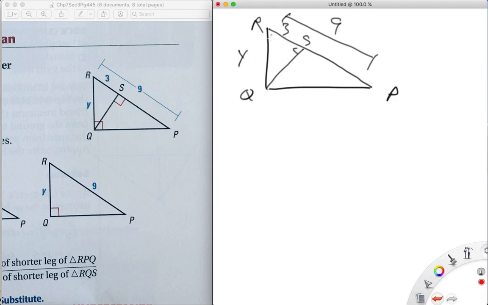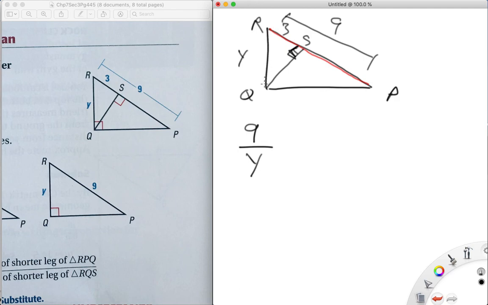The altitude itself. If I look at the hypotenuse of the big, that's 9. So I have 9 over, and you see right here, this is opposite of this 90 degree, so I could put over y. So hypotenuse over hypotenuse. Hypotenuse of the largest triangle over the hypotenuse of the smallest triangle.